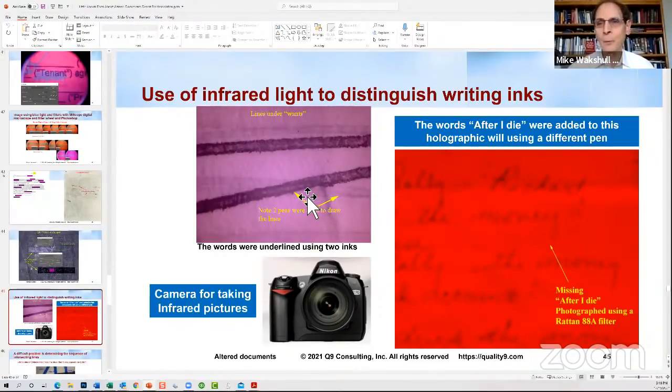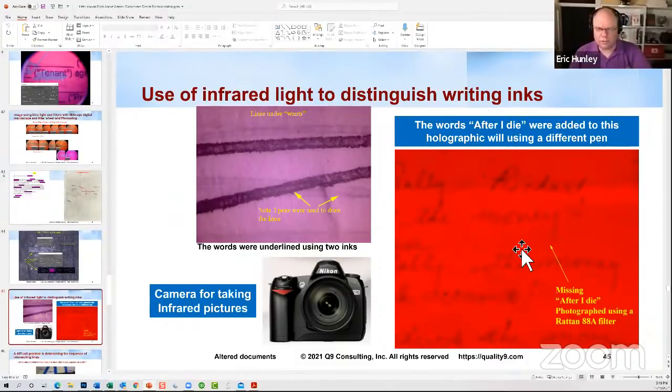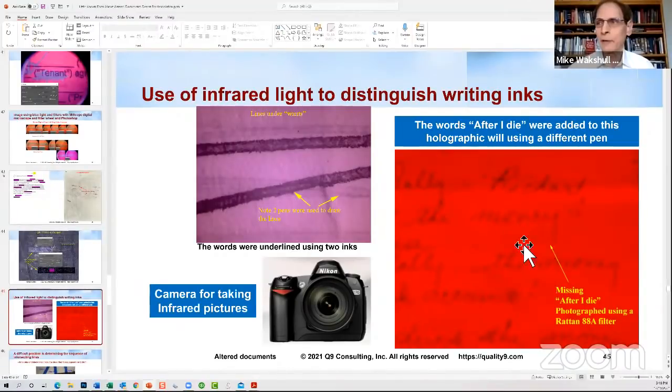And when you look at that in white light and just look at it on the page, they look identical. But you can see there are different lines here, and that means that different pens were used to write that. And "after I die" was written with a different pen. I was able to show that at least four different pens were used to write this holographic will. And based on that, the other side withdrew from the case after they got my report.